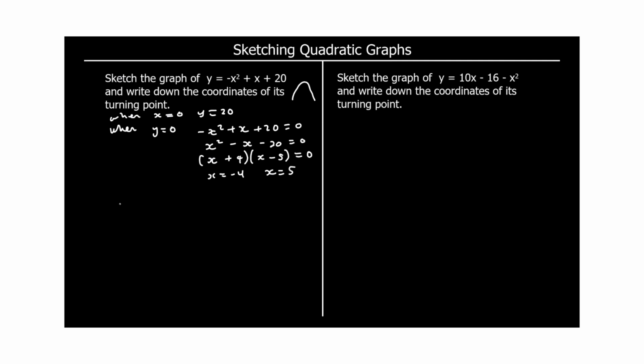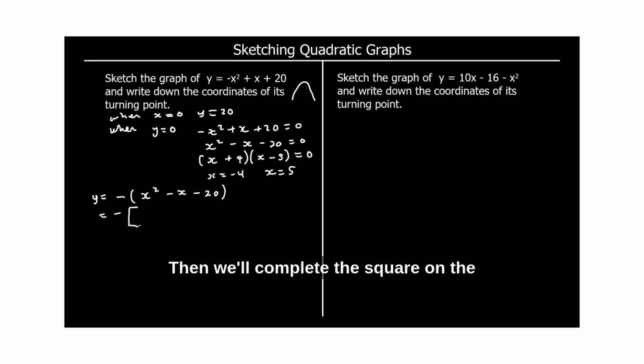And completing the square. So we've got a negative, y equals negative x squared minus x minus 20. Then we'll complete the square on the bracket. So inside the bracket, half of negative 1 is minus a half.